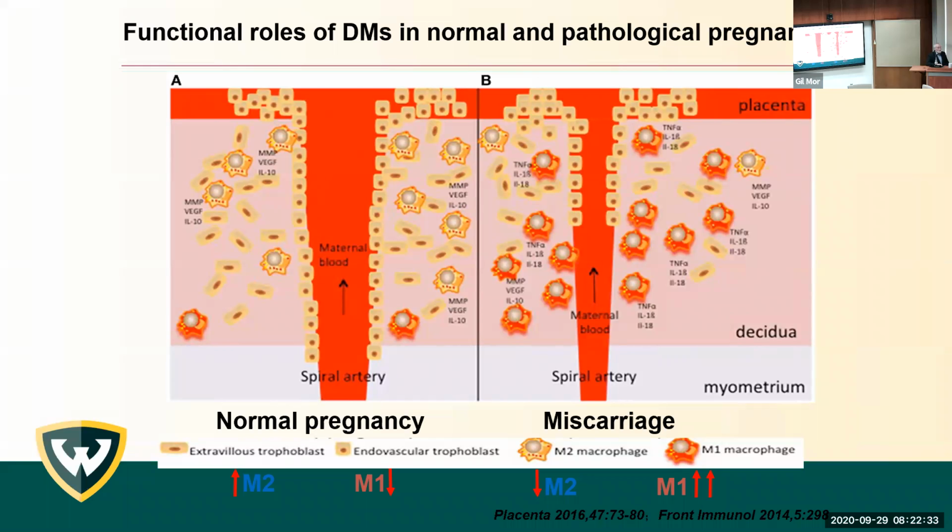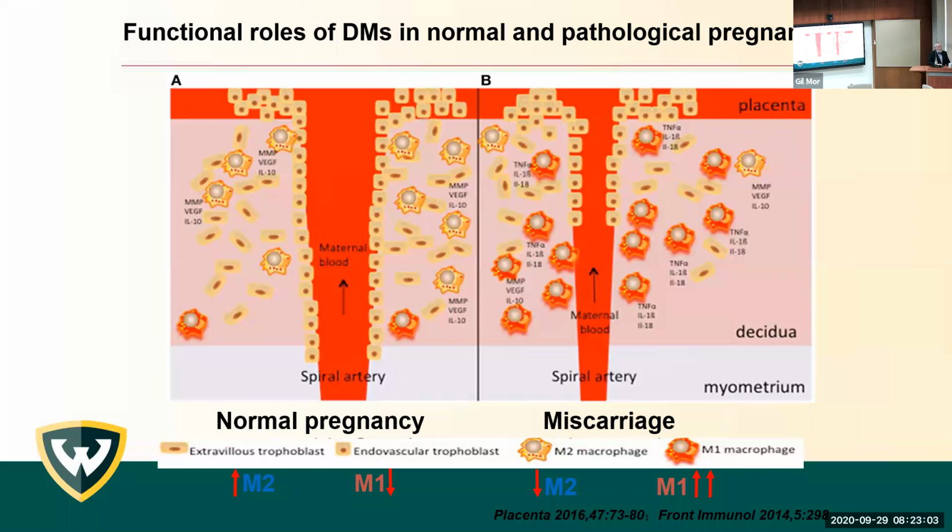So in the normal pregnancy, you have the switch into the M2, but if that switch is incomplete and you still have an abundance of M1, I have a picture that I forgot to put here, you will see that the same macrophages now behave differently. And instead of going behind the trophoblast, they go ahead of the trophoblast, and they really become a barrier preventing the trophoblast from reaching the spiral arteries.